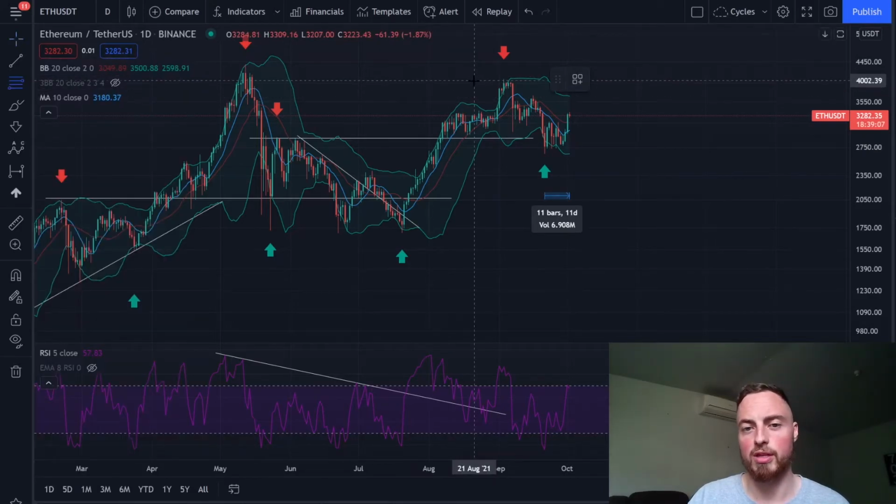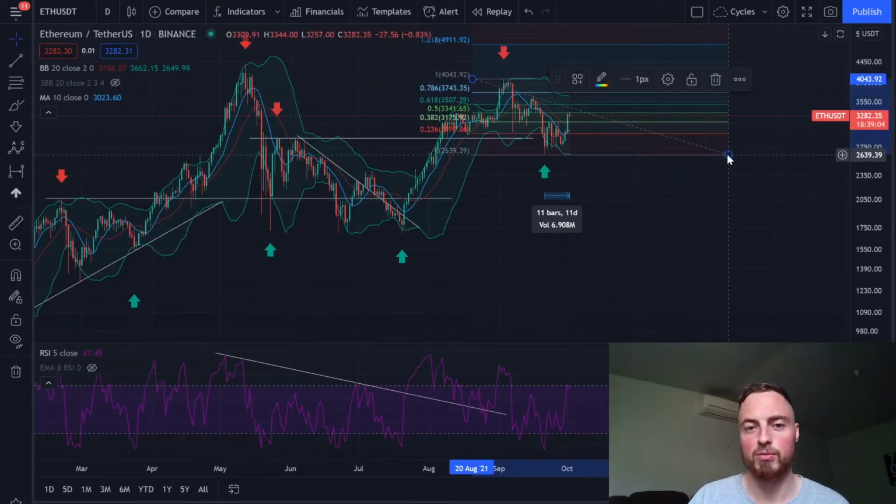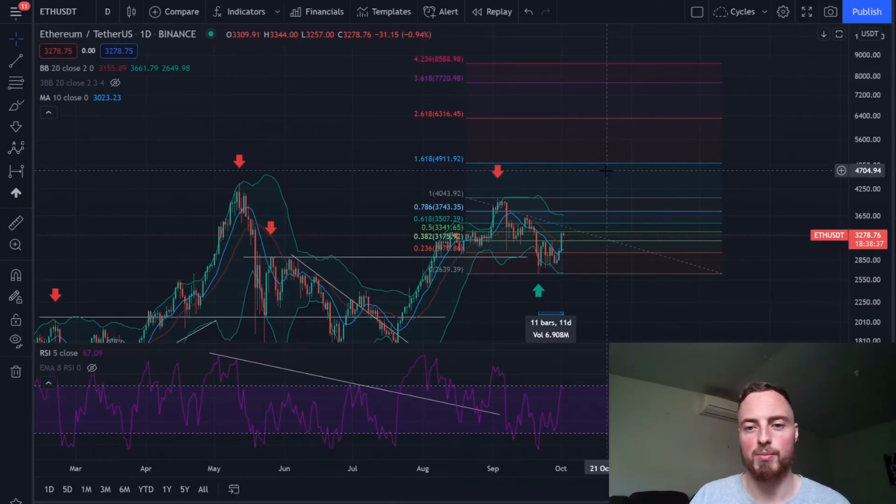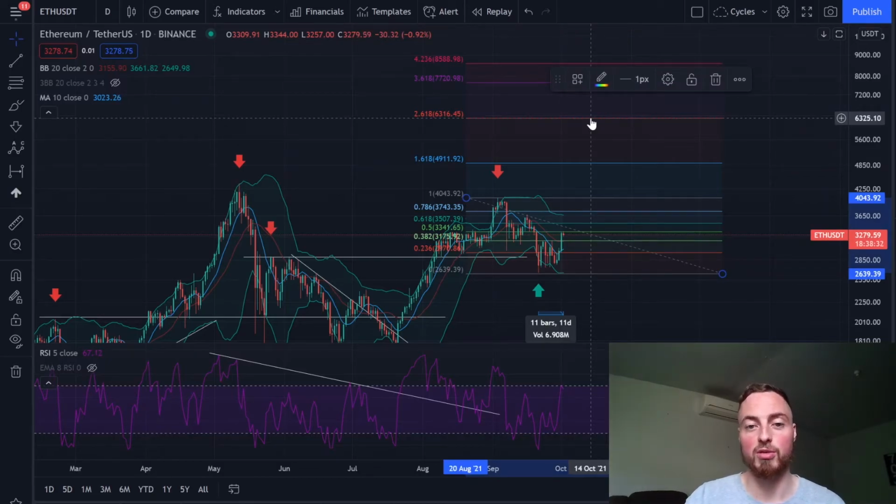I dare say we could probably expect over the next 60 days, if it continues, somewhere between that all-time high and maybe 4,900, the all-time high being 4,300 or 4,400. So somewhere around in that zone, we expect to see probably a little bit of resistance before it marches on, possibly even higher to 6,300.